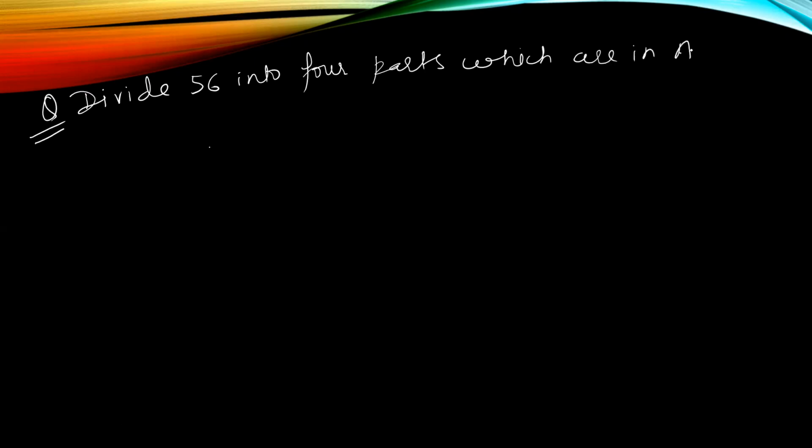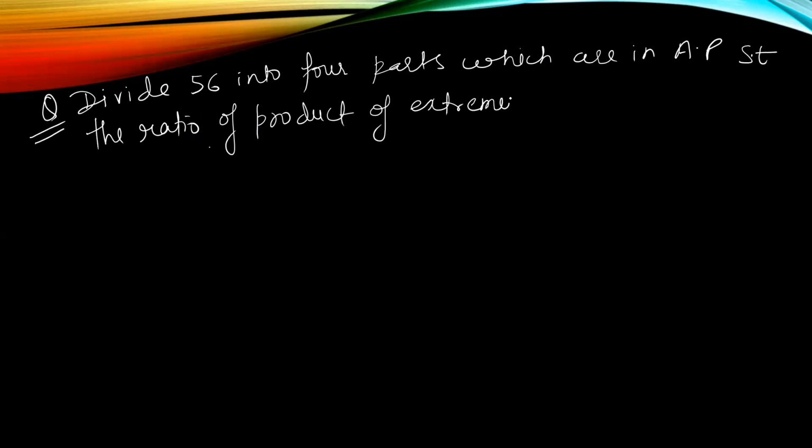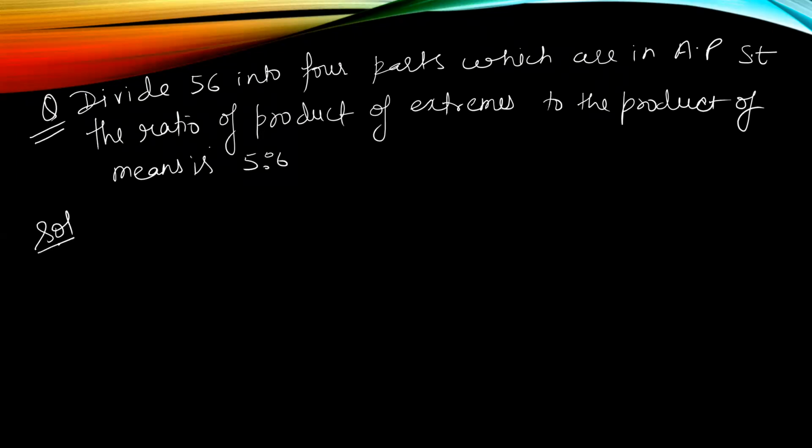Divide 56 into 4 parts which are in arithmetic progression such that the ratio of product of extremes to the product of means is 5:6. Let's quickly see what's happening here.